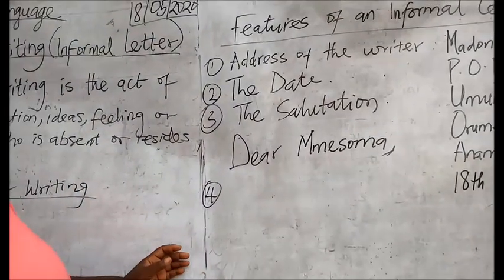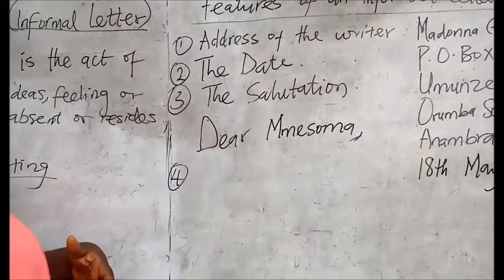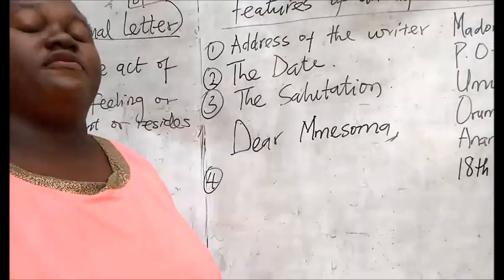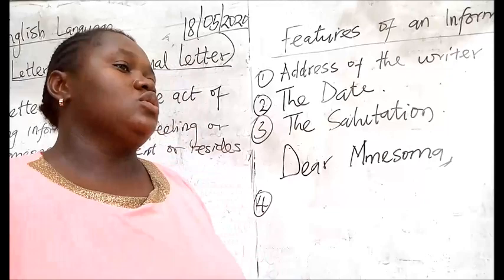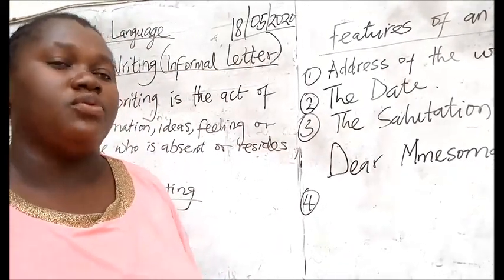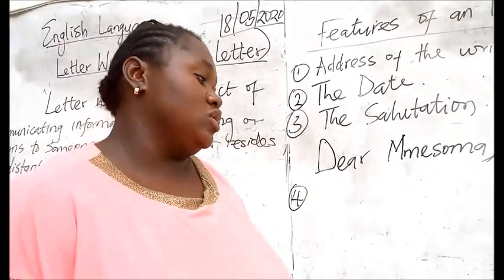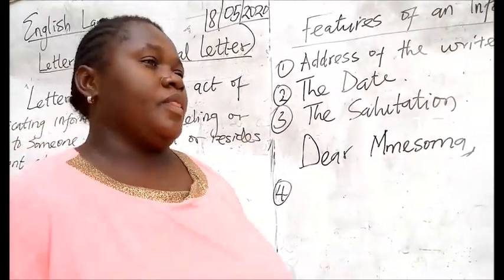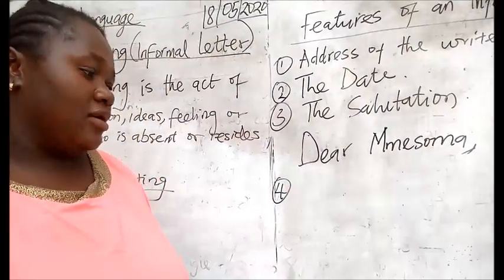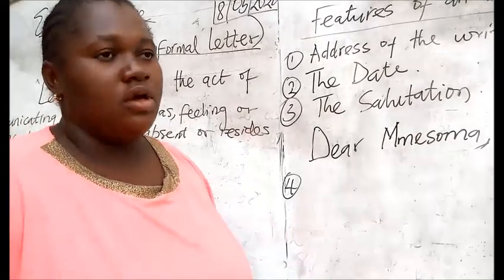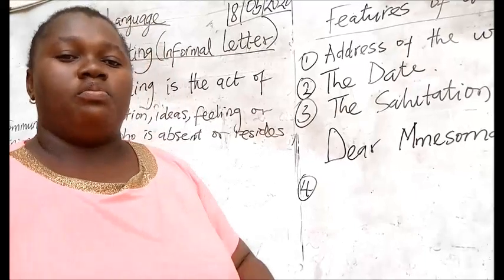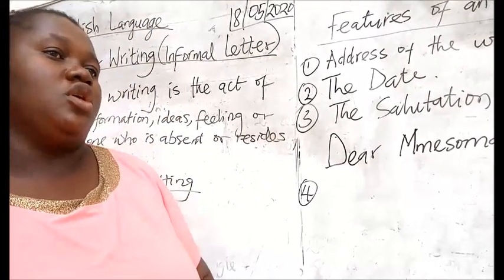After you must have done that, you state your reasons for writing the letter. Maybe you want to demand your school fees, or pocket money, provisions, whatever you want to demand from your recipient. You state it there. Then in that same body of the letter, at the end, you can still send regards to people around your recipient, maybe your siblings.